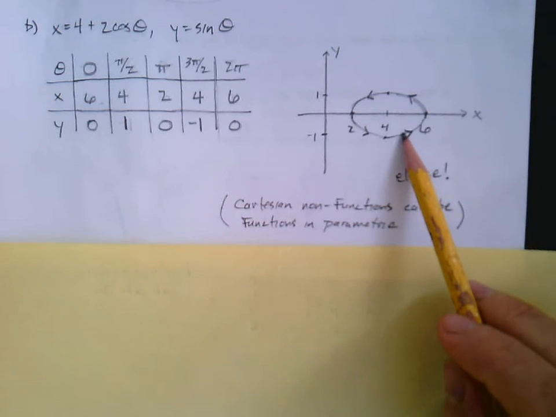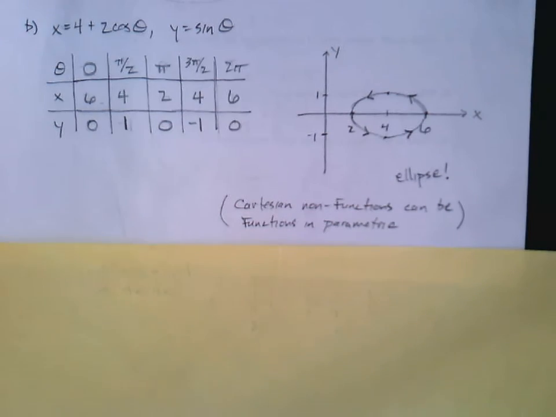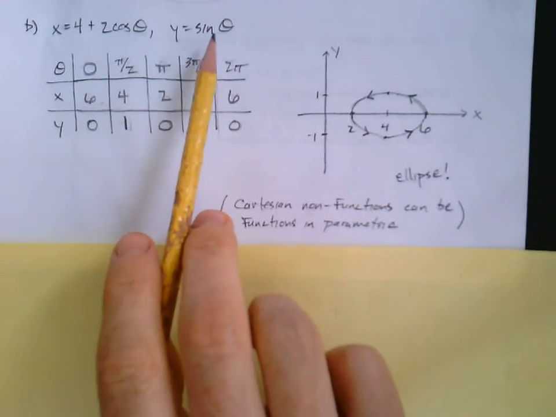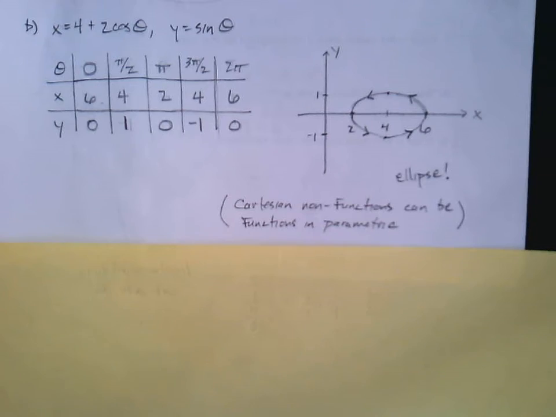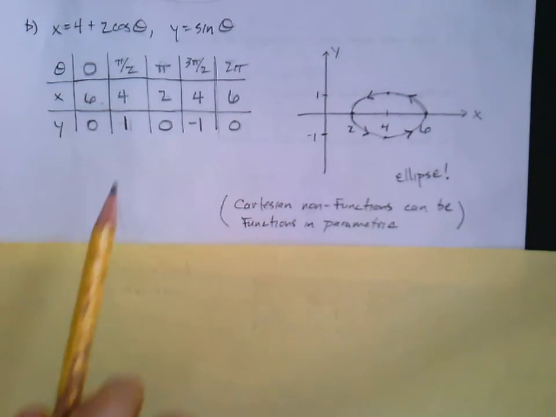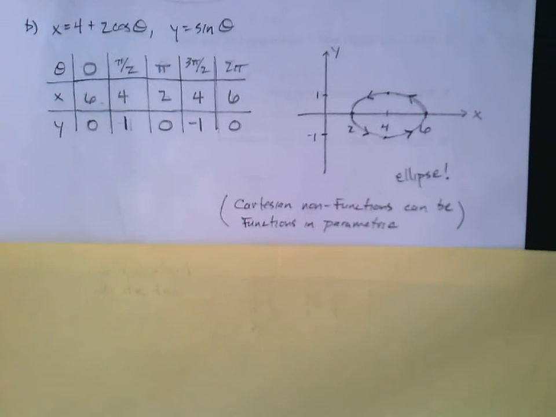That's not a function if you just think of it in terms of x and y, right? Doesn't pass the vertical line test. But if you think of it parametrically with this third variable theta, we can think of it as a pair of functions. And so the rules for derivatives and that sort of thing, we don't have to rely on implicit differentiation.